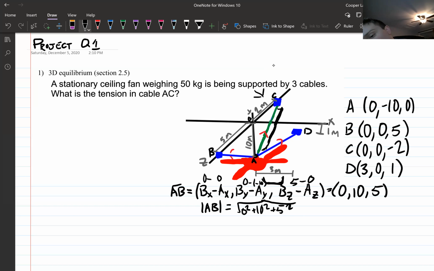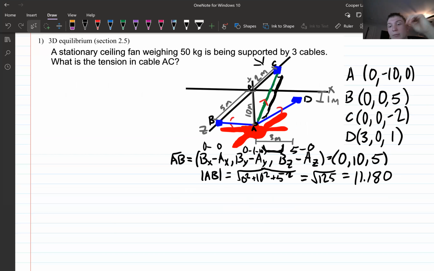When I do this out, you end up getting root 125, which when you plug into your calculator, you'll get 11.180.